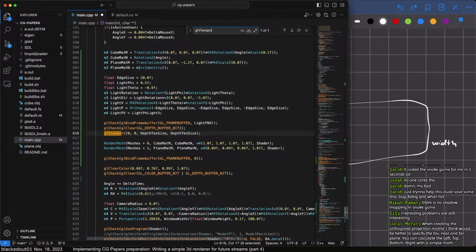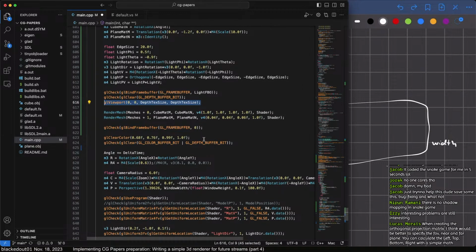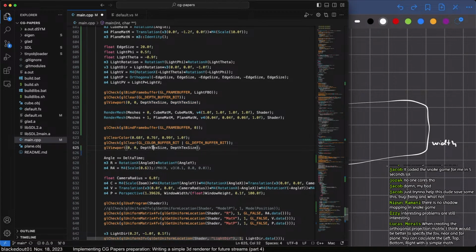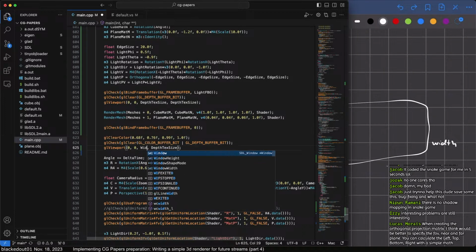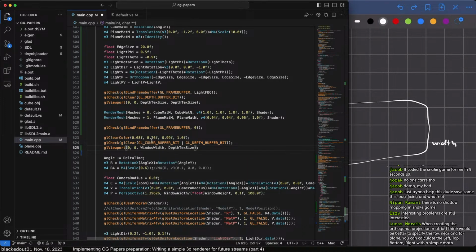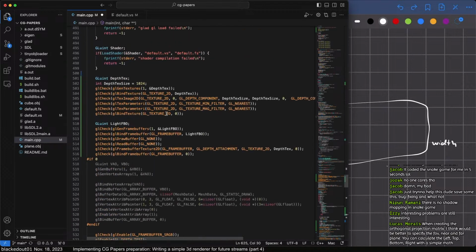GL viewport. Okay. So after that, we of course want to restore the original viewport, because after we rendered the depth texture, we want to render into the window again. So now we need to specify, I think I defined these up here.